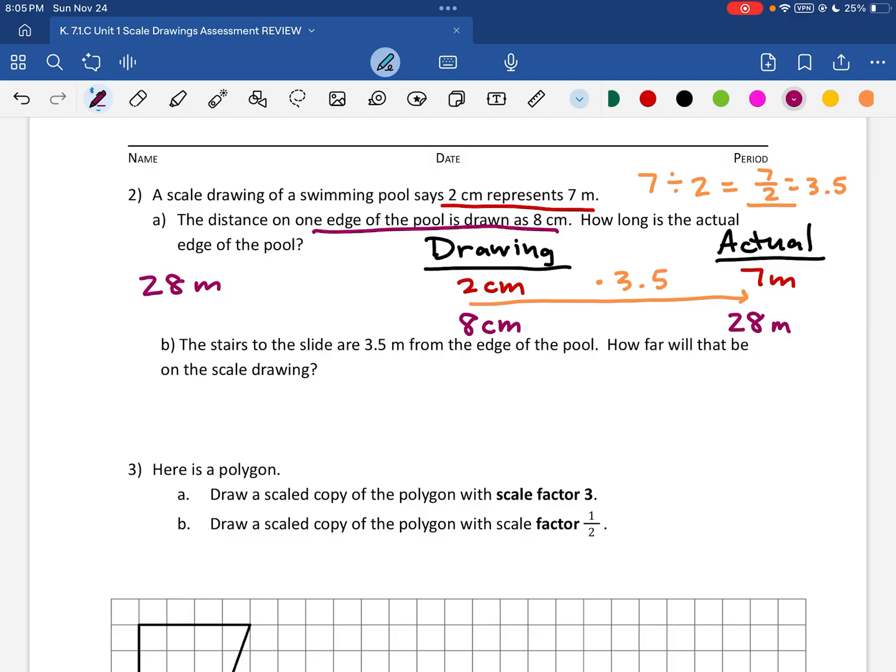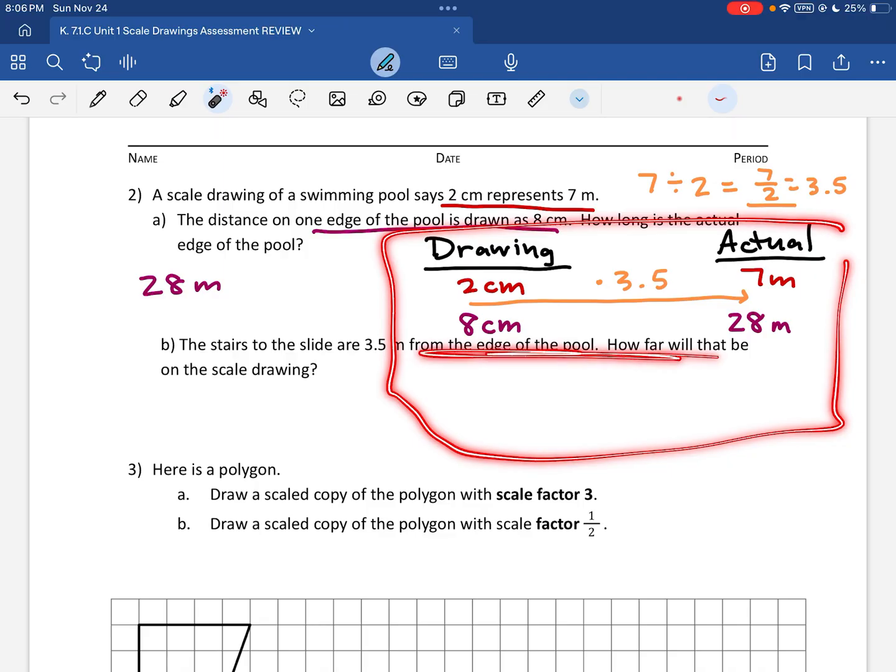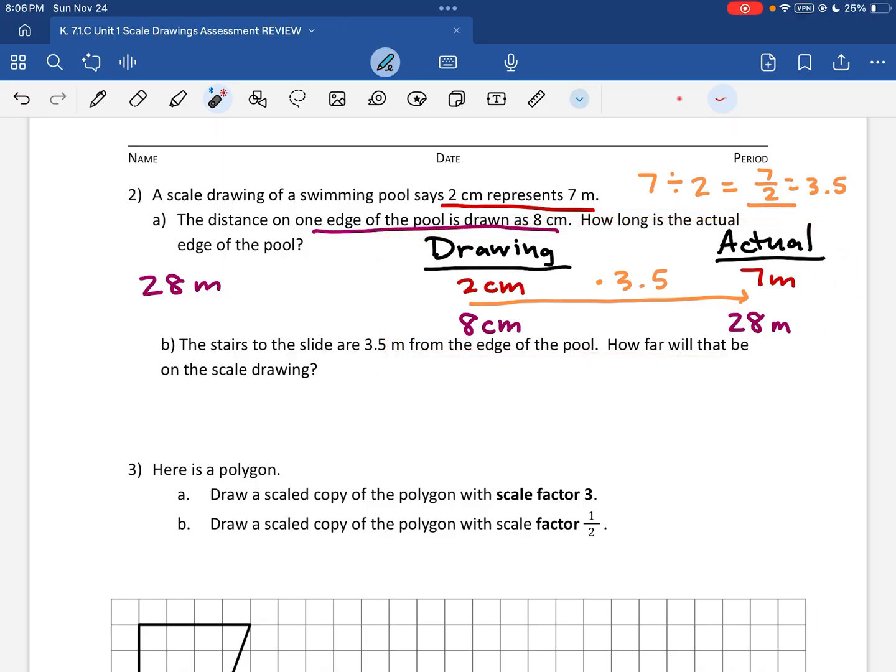So even though I wrote the drawing and actual and scale in the previous problem, this is all still related, so I'm not going to take the time to draw that again. Instead, I'm just going to continue on with these columns through those words. So the stairs to the slide are 3.5 meters from the edge of the pool. The fact that it said meters tells me that we're talking about the actual pool and not just in the scale drawing. So 3.5 meters is our actual distance.